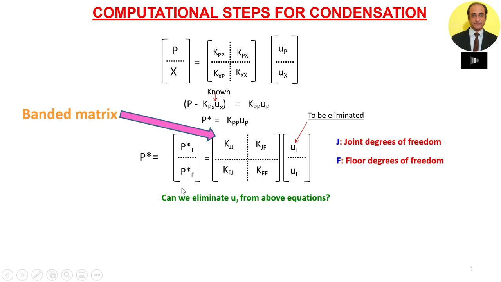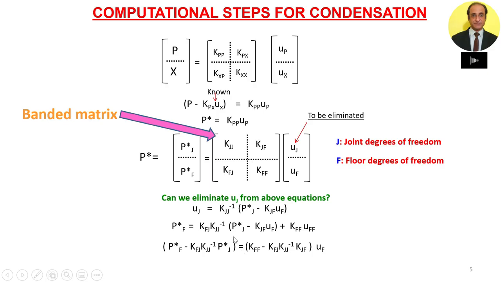So how can we eliminate Uj? All we have to do is write these two equations. From the first equation, we single out Uj and substitute in the other equation, that is number 2. So we get this kind of equation, and finally after manipulation we get a condensed force vector and a condensed stiffness matrix.